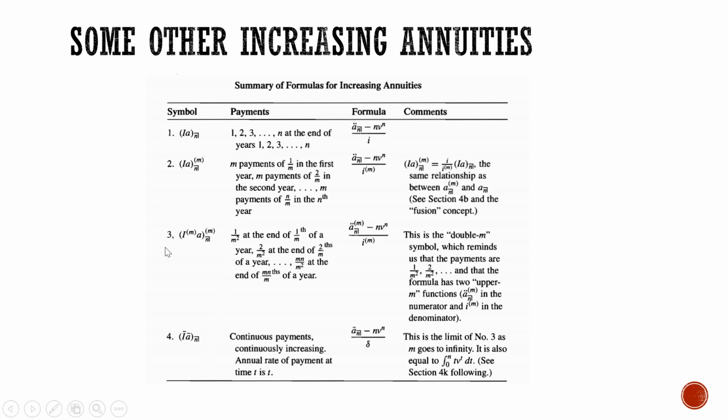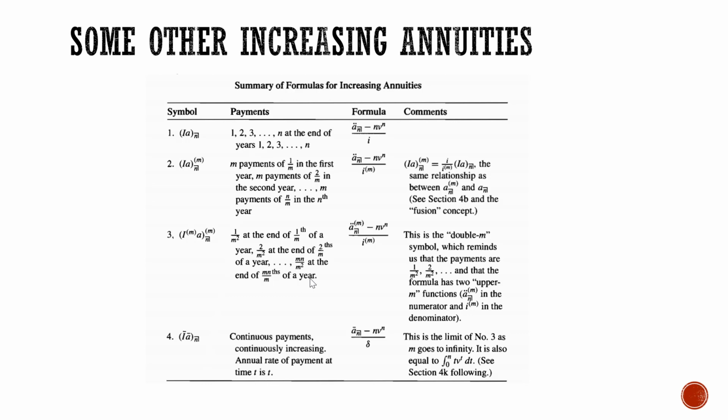Formula number 3, this (I^(m)A)^(m)_n. That means we pay 1 over m squared at the end of 1 over m of a year, and 2 over m squared at the end of 2 over m of a year, and so on. So we have n years. In the first year, we also divide into m terms.